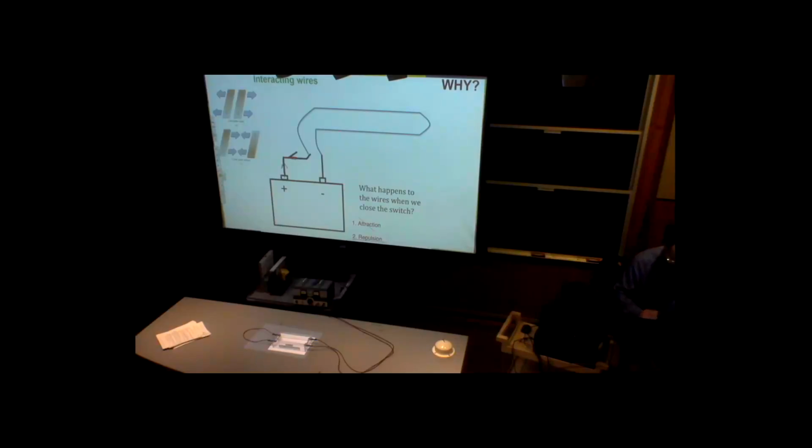So electric current would start here, and it would go through here, etc., and then it would go back into the low potential negative terminal. So here electric current travels to the right, to the left.